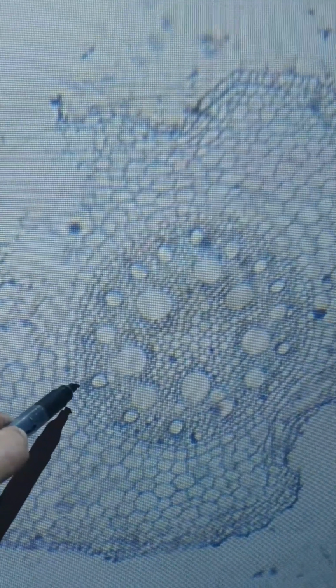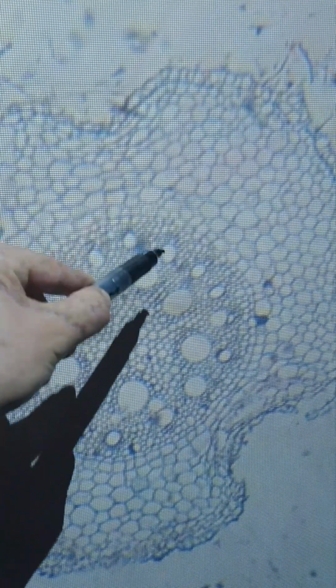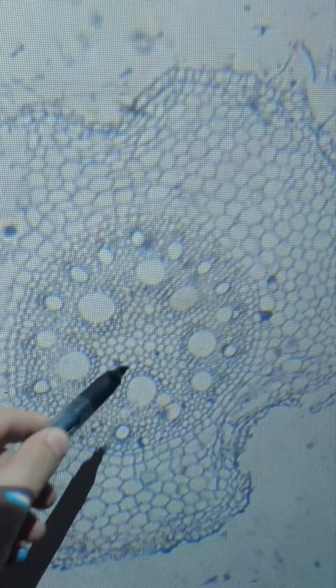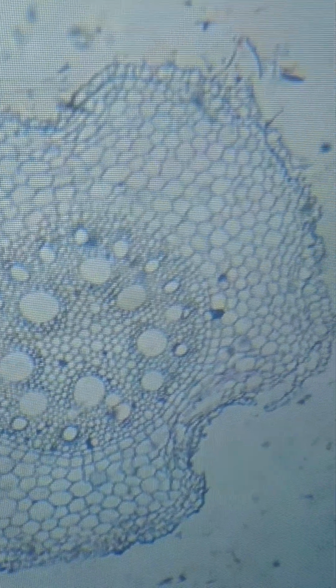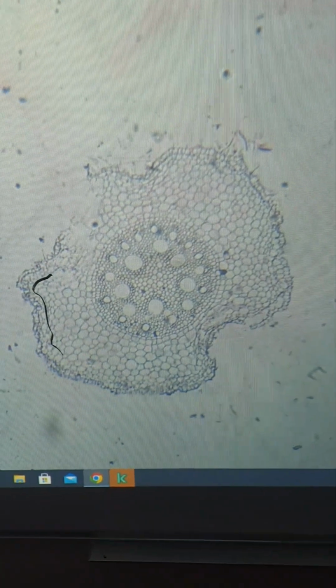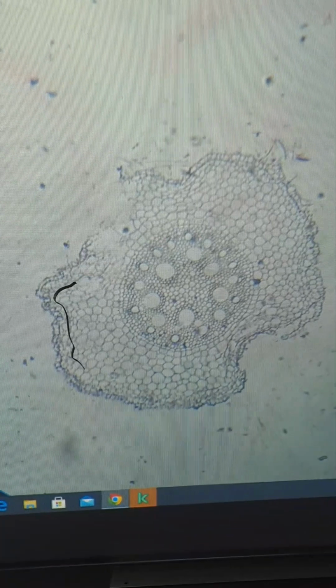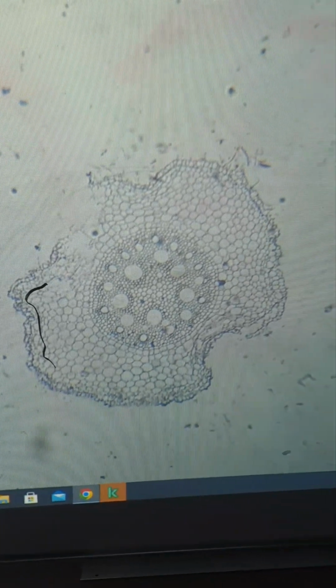Now, underneath the endodermis, you're going to find the xylem vessels, those large xylem vessels, as well as you're going to see the pith. So let me show you how to draw this, the outline using the 100x magnification in order to draw an outline for this drawing.